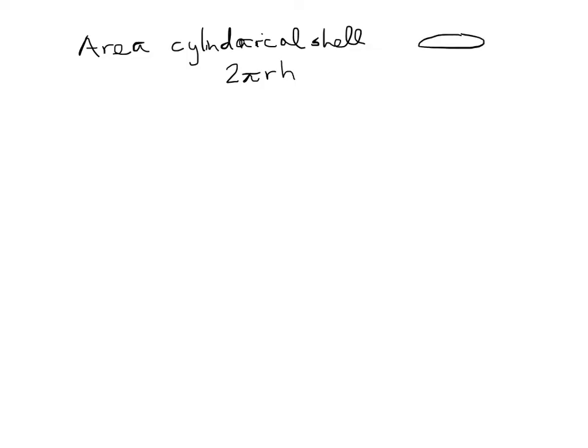So if you have a shell like this, it would be 2 pi times the radius times its height. So there's the area. We're going to be adding these up.